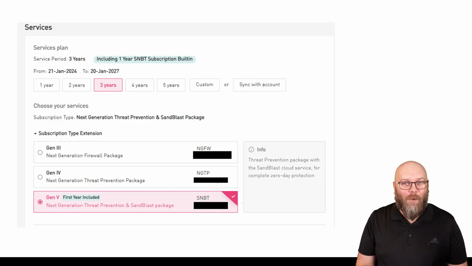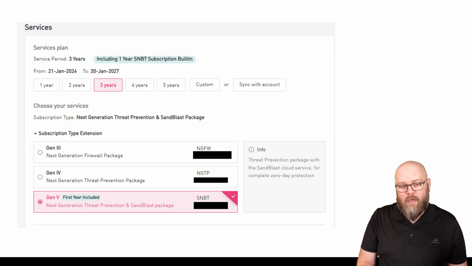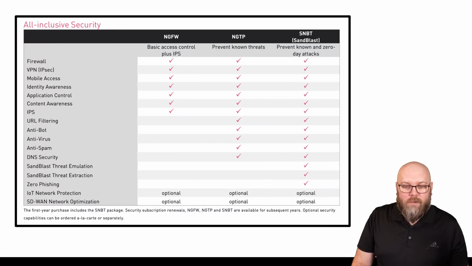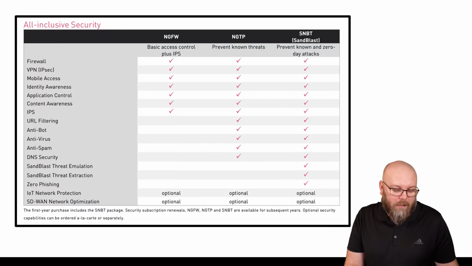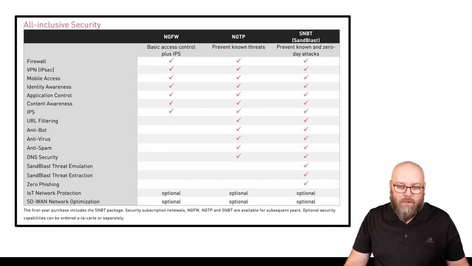But as always, it's beneficial if you already know that you want to have all these functions for 3 years to purchase it right away, because then you get a larger discount. So to see what sort of functions are included within these packages, you can check the NGFW, the NGTP, and the SandBlast one.